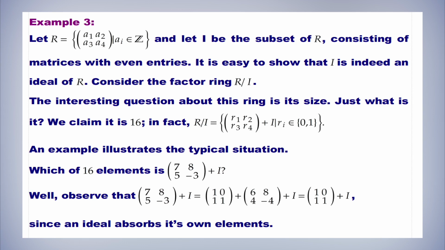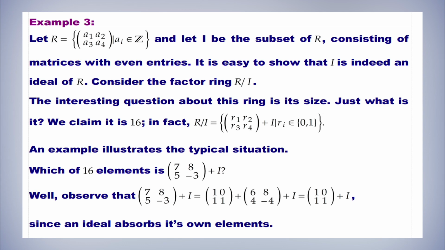We claim it is 16. In fact, R/I is the set of all 2 by 2 matrices with entries r1, r2, r3, r4, plus I, such that ri belongs to {0, 1}.